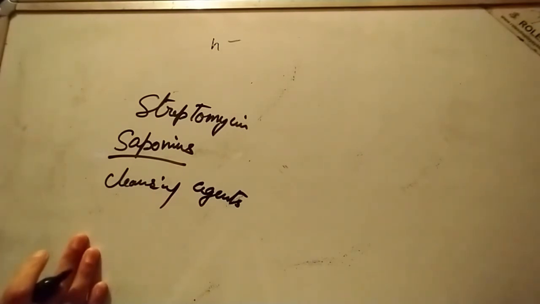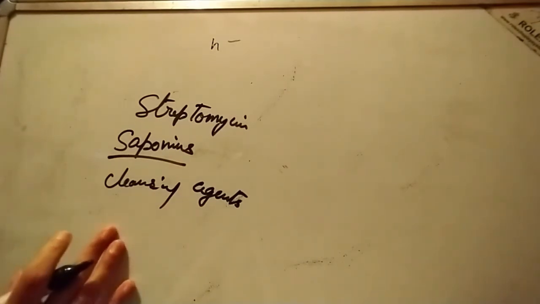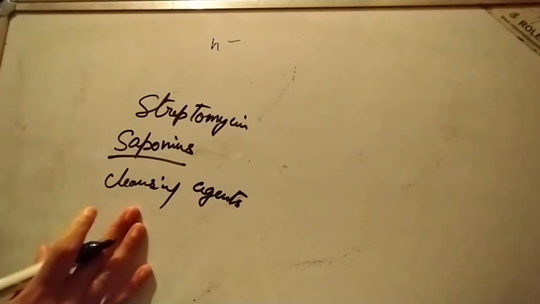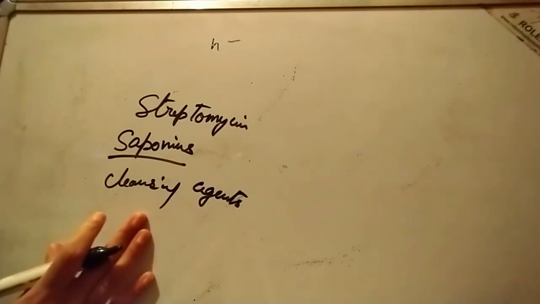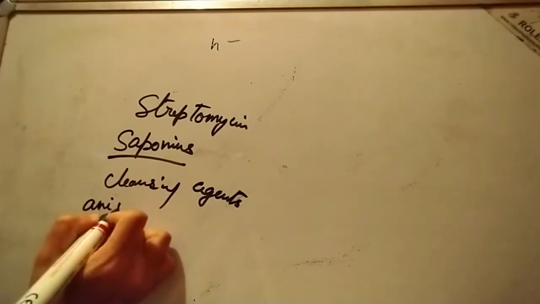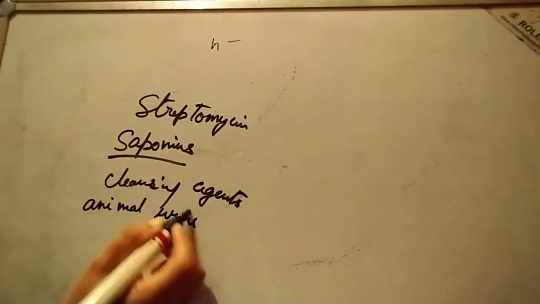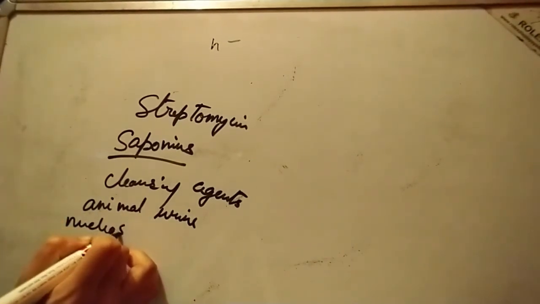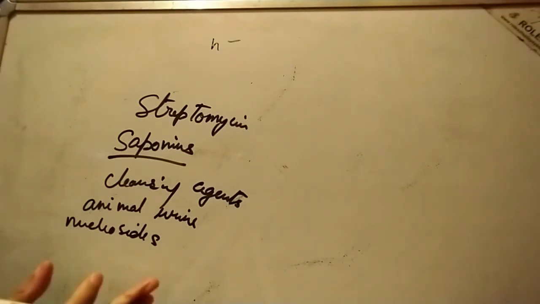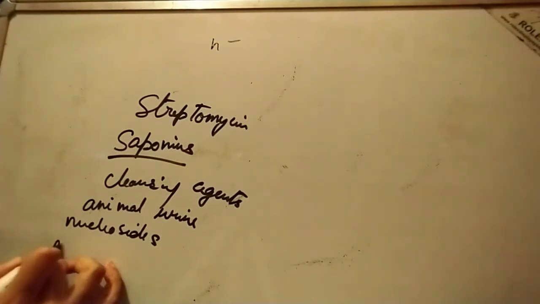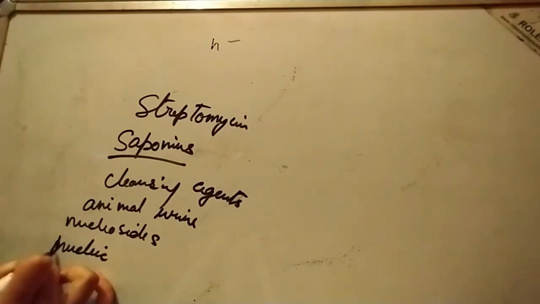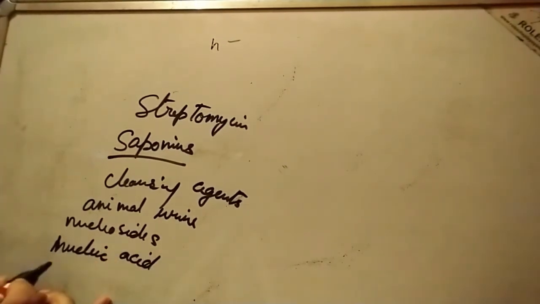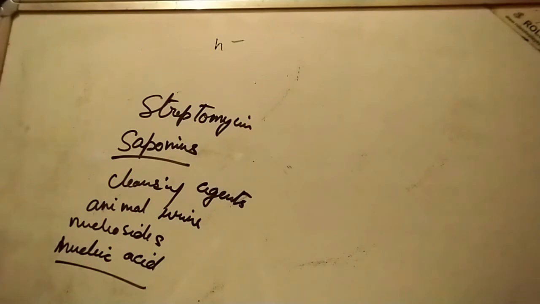Then we have glycosides derived from glucuronic acid and steroids, which are constituents of normal animal urine. And also the nucleosides derived from the partial breakdown of nucleic acids. These are all glycosides. So we see these are some of the importance of glycosides.